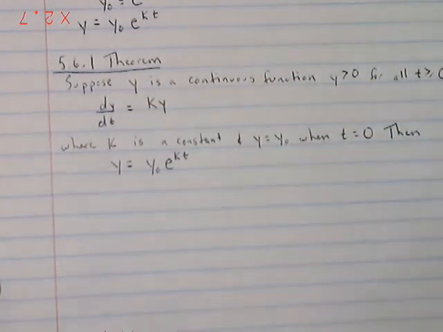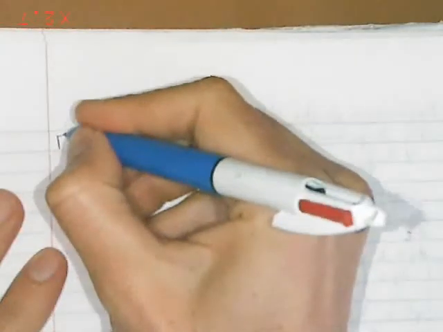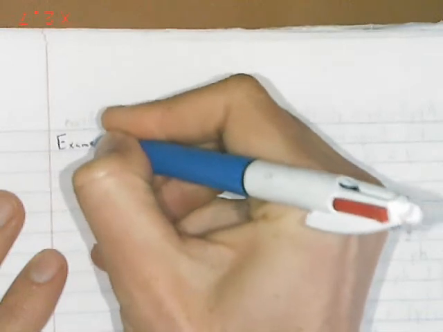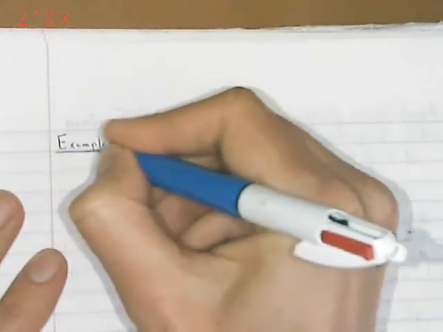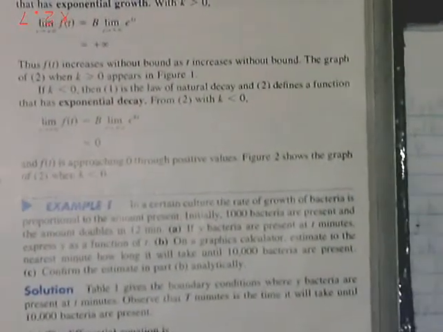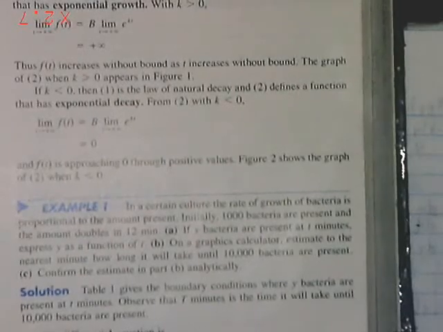So we'll start with example 1. Flip to a new page. Example 1 reads, in a certain culture, the rate of growth of bacteria is proportional to the amount present.